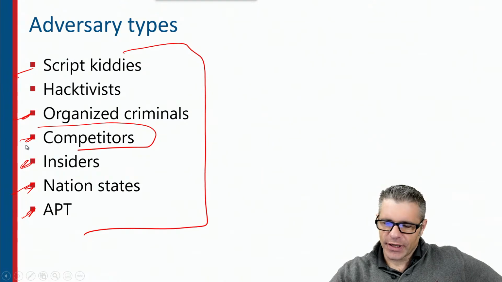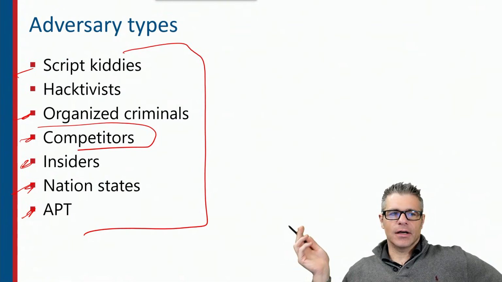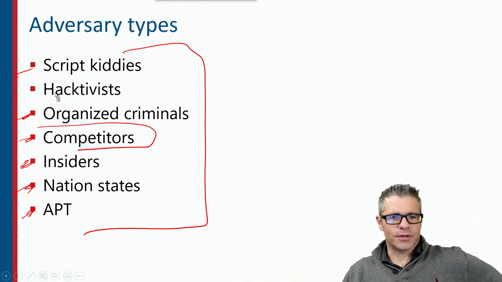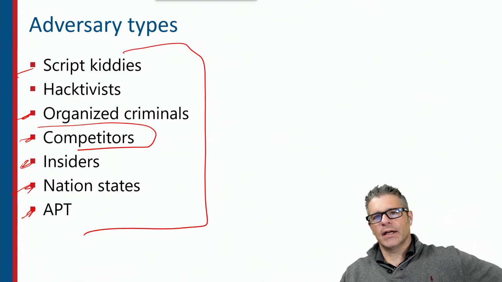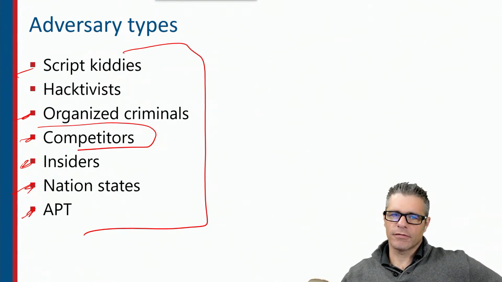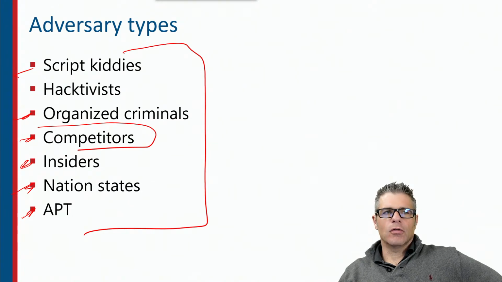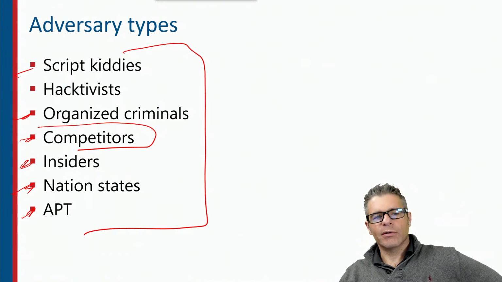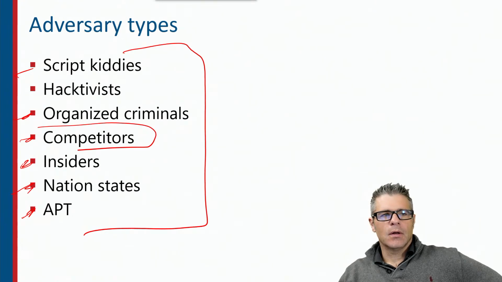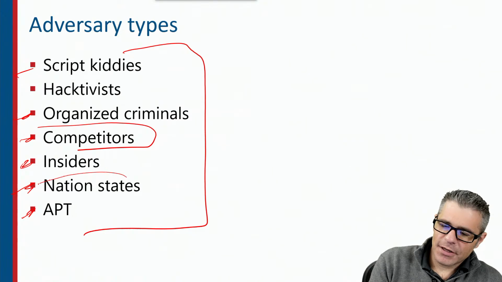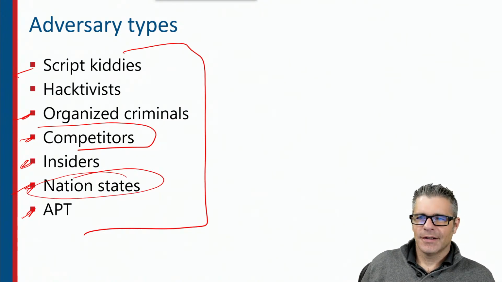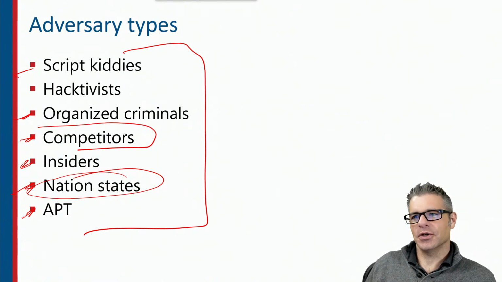And then on the higher end, competitors are a big deal. Insiders again are terrifying. If you've got disgruntled employees, somebody who's just doing it wrong with their system, or trying to commit your garden variety white collar crimes, embezzling or overpaying a vendor or colluding with a vendor to rip people off, that's no good. Nation states are everybody's problem these days, especially if you're running an email server for a political party. They're interested in you.